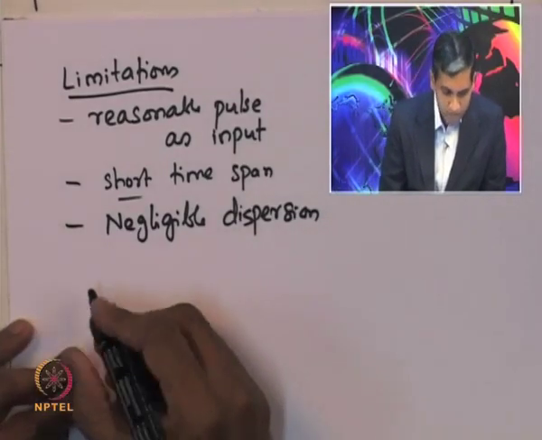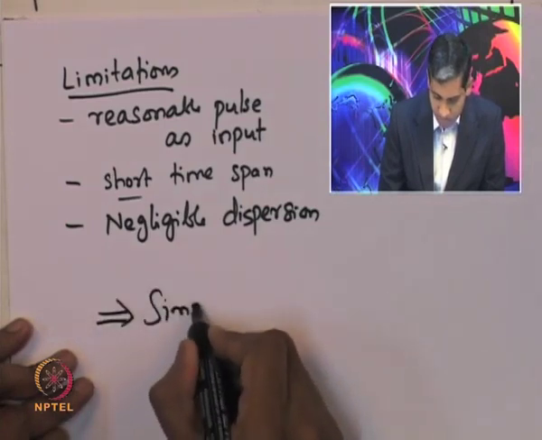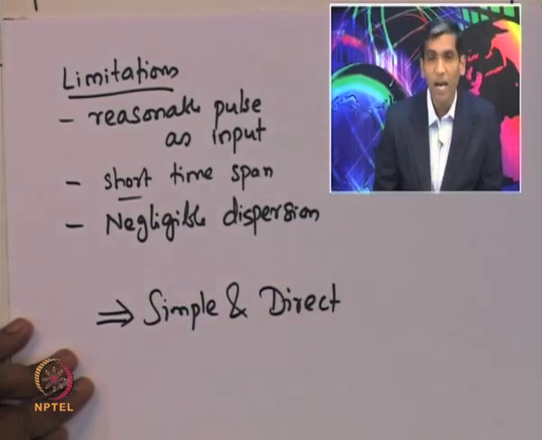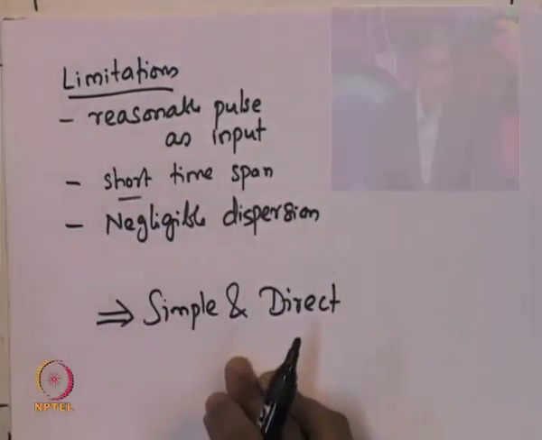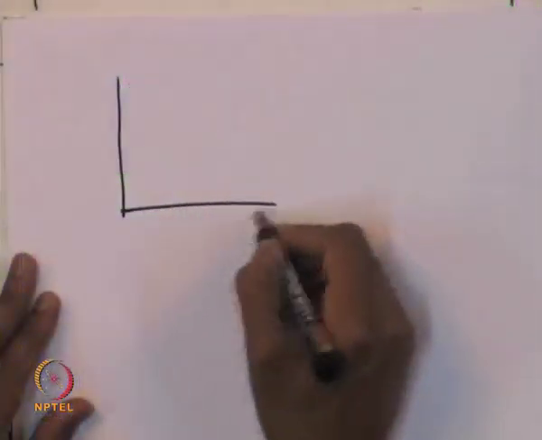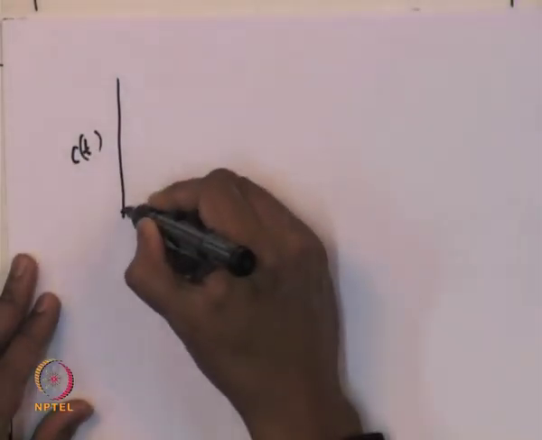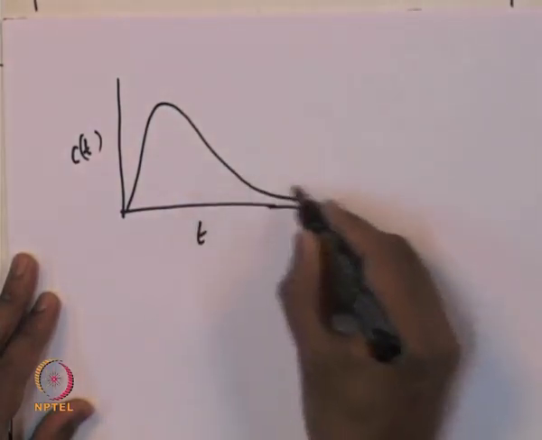However, the pulse input method is a very simple and direct method, provided these three conditions are satisfied. Now, another important caveat associated with the pulse input method is that if I look at the concentration curve, in certain situations there can be a very long tail present in the C curve.